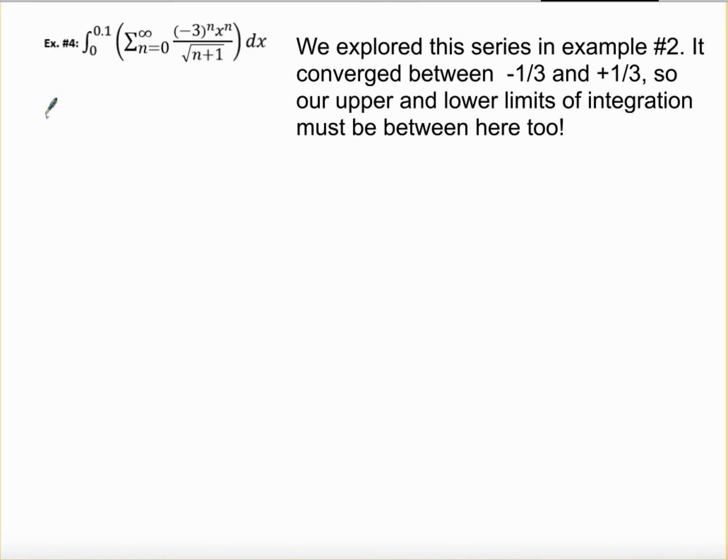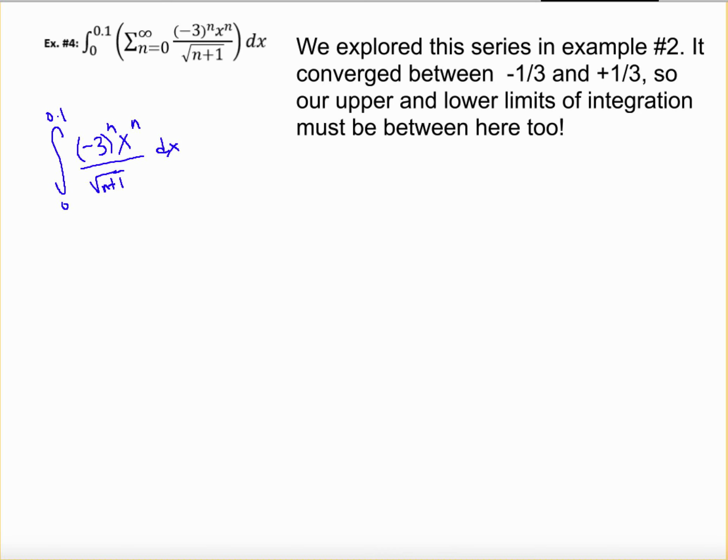Of course, we're going to continue. So I'm going to take the antiderivative from 0 to 1/10 of -3 to the nth power times x to the n, all divided by n plus 1, dx.